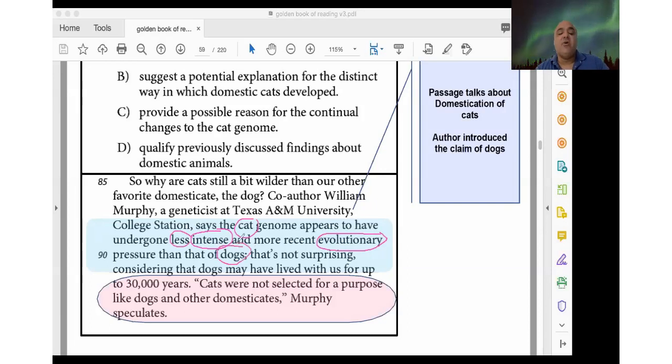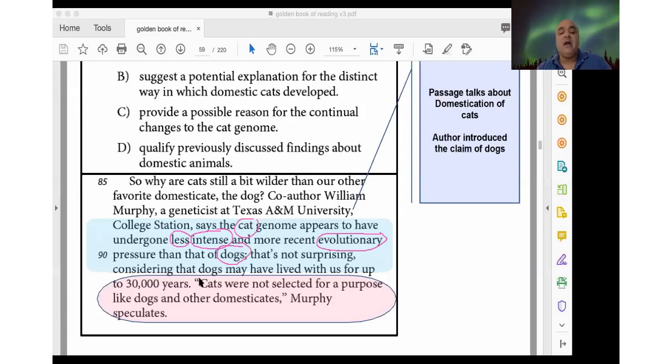So he brought the claim of dogs to emphasize the idea that the genome of the cat is less intense than that of a dog, and the genome of the cat had a more recent evolutionary pressure than that of a dog. That is not surprising considering that dogs may have lived with us for up to 30,000 years. And everybody knows that the cat has been known to us for like 10,000 years.